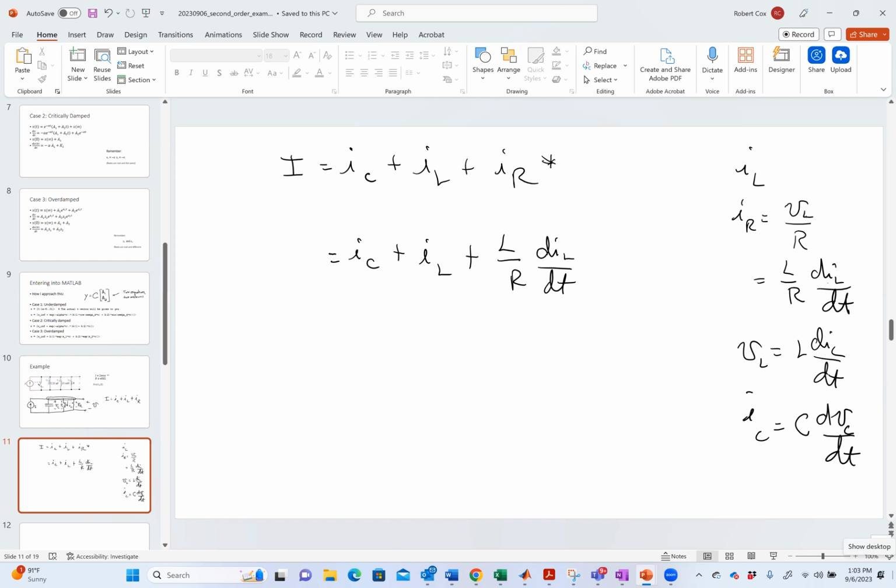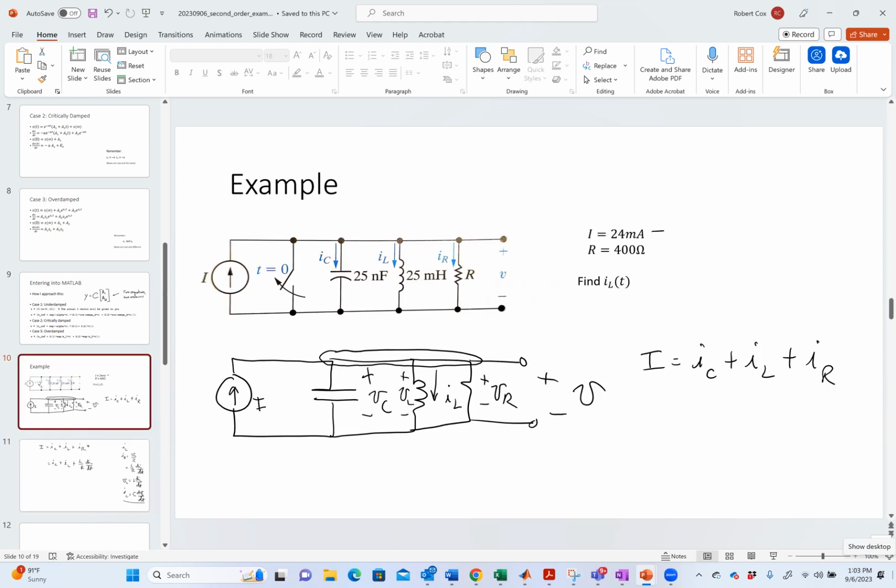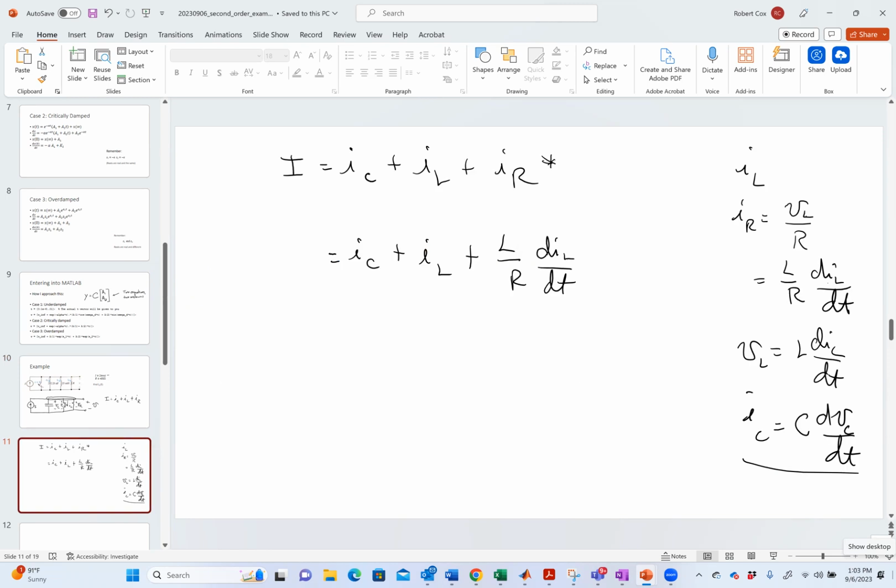But what do I also need? I need a second derivative in here somewhere, probably. I sub C I can plug in here. I know that's C dV/dt, and I said it was C times the capacitor voltage derivative. But what's true about the capacitor voltage and the inductor voltage in this circuit? They're the same. If I do a KVL around there, the voltage on the inductor and the voltage on the capacitor are the same.